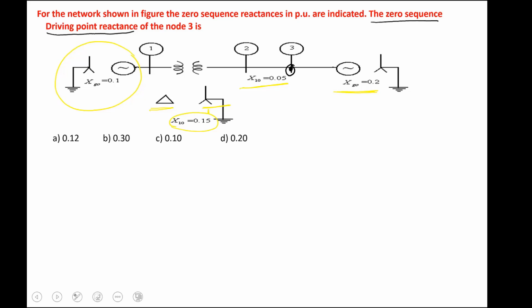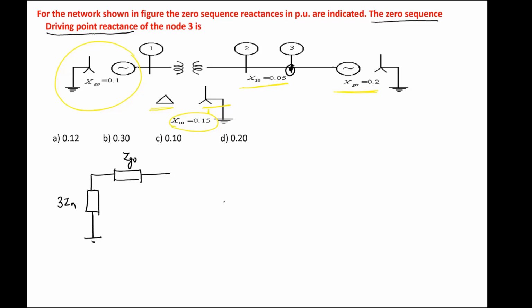So first, if you draw the first element, what is the zero sequence impedance of the alternator or a synchronous machine? It is Zg0. Here it is 3Zn, this is ground, and this is Zg0.